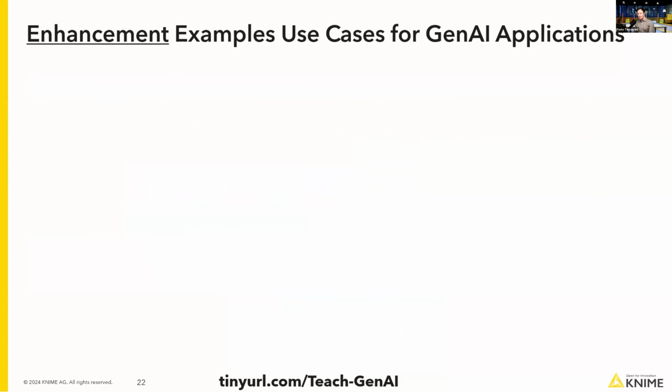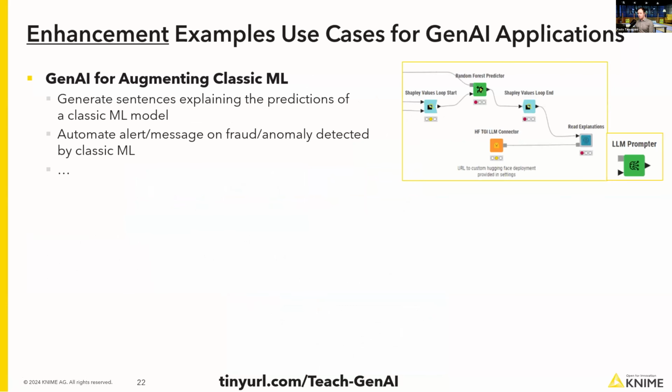So by enhancement, we are probably talking about using the LLM Prompter node, for example, that is really good for generating text without any kind of chat experience, like I was doing before, just to solve a problem, right?